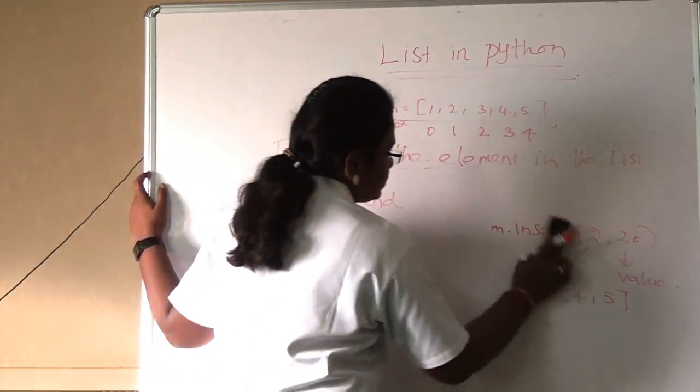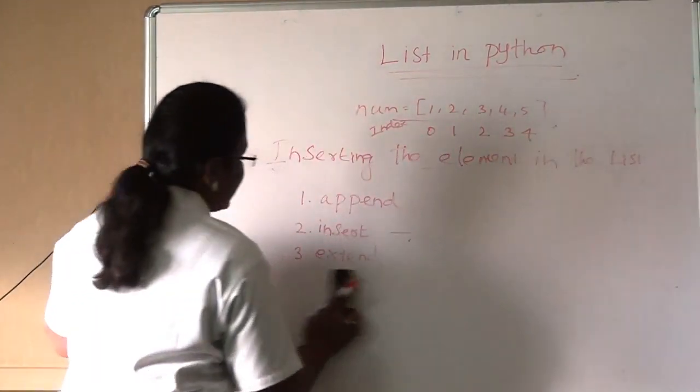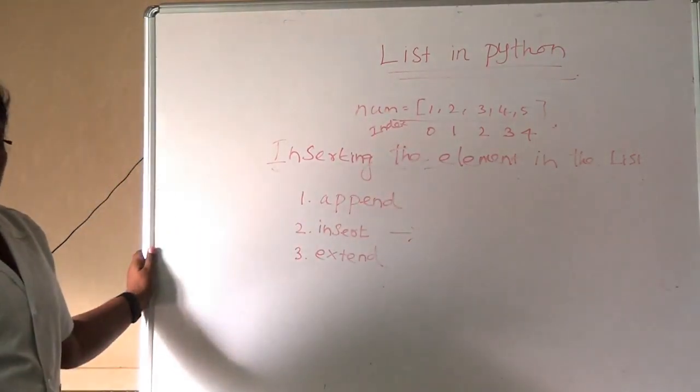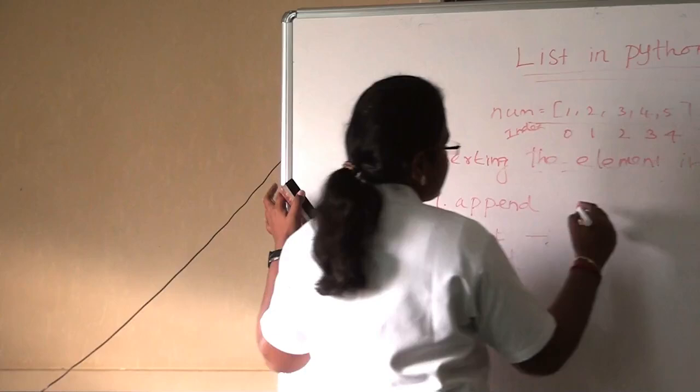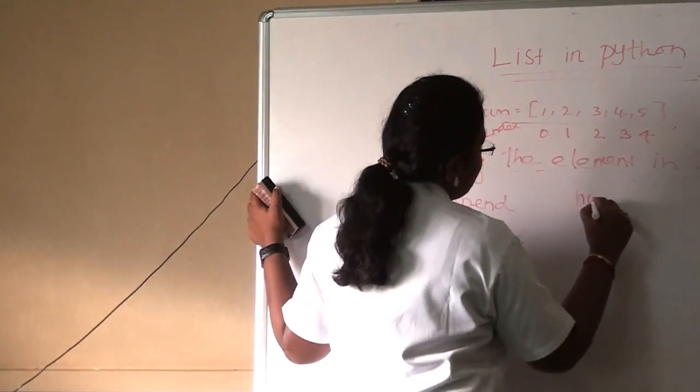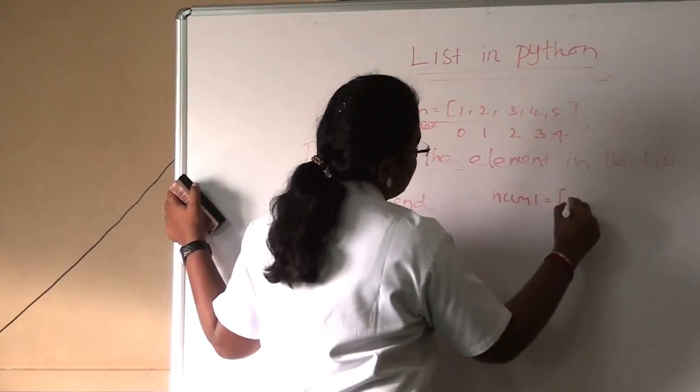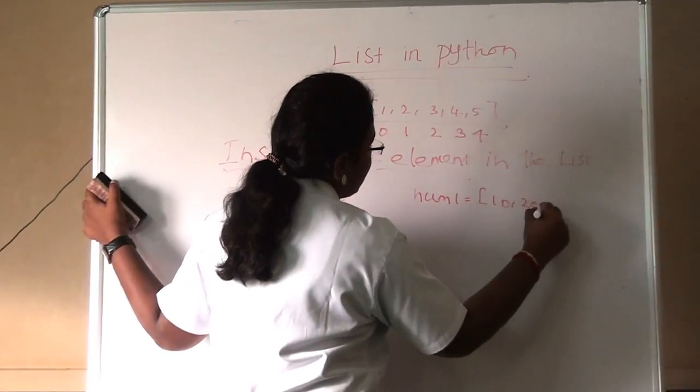Third one is extend. Extend is nothing but you can add a group of elements. For example, num1 equivalent to 10, 20 and 30.